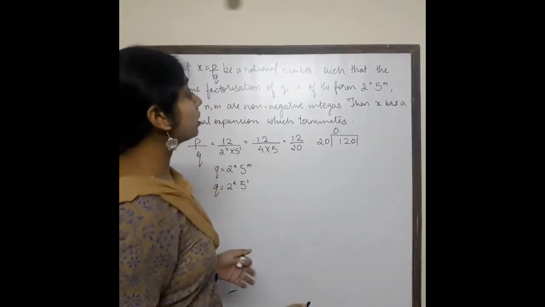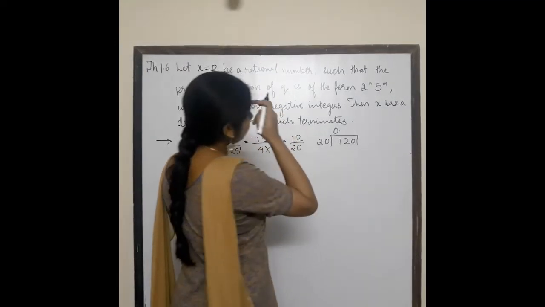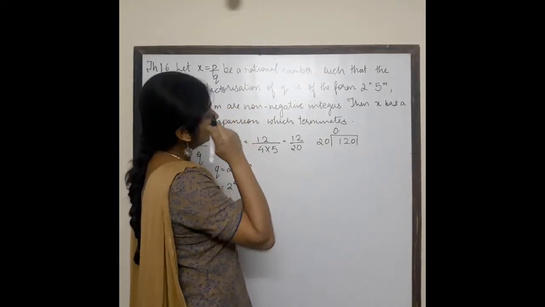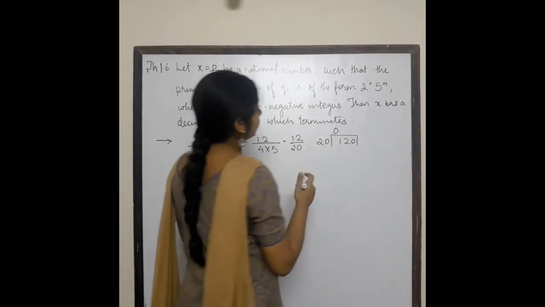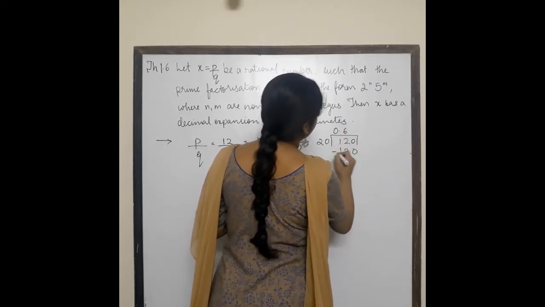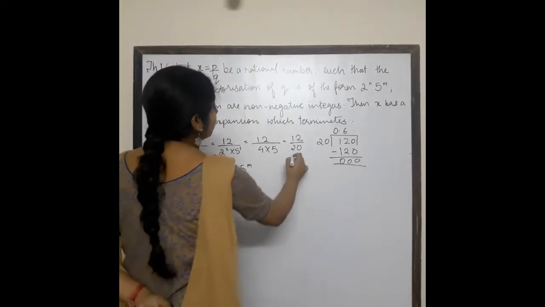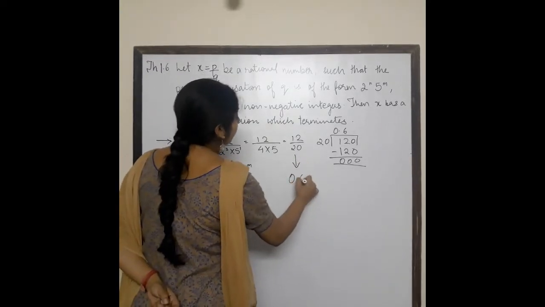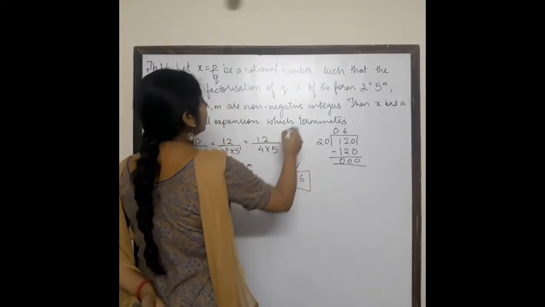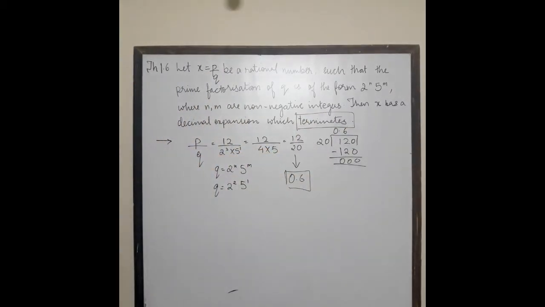Now we have 120. 20 sixes are 120, right? Thus with the help of this example we get the answer as 0.6, which is a terminating decimal expansion. Is that clear, children?